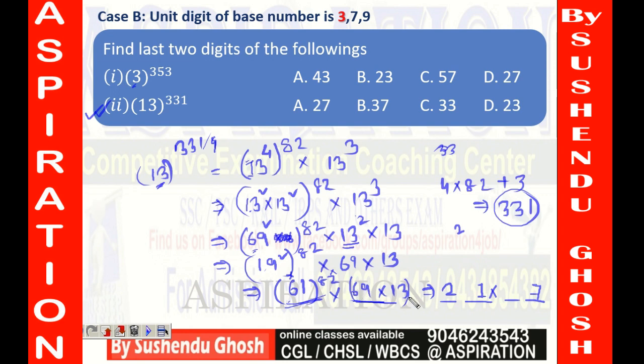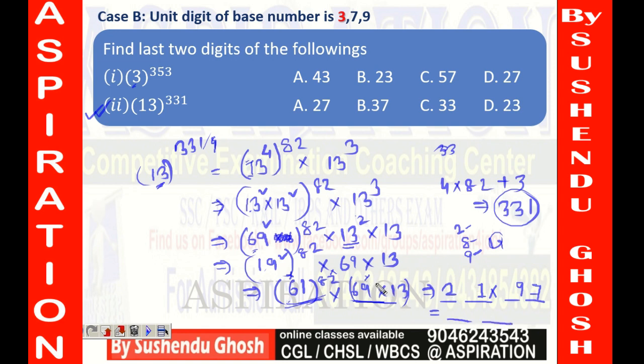Then 6 multiplied by 3 means 18, we are taking 8 out of 18. Then 9 into 1 means we are taking 9. So 8 plus 9 is 17, plus 2 is 19. We are taking only the unit digit of 19, which means 9. Now we are trying to find the last two digits.